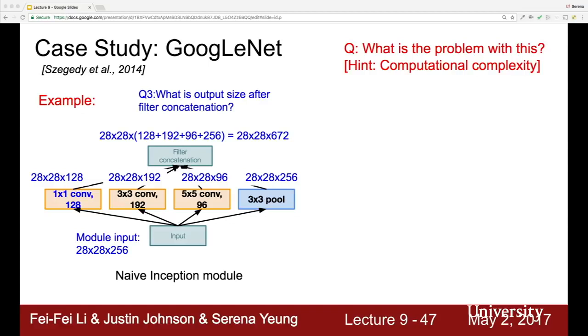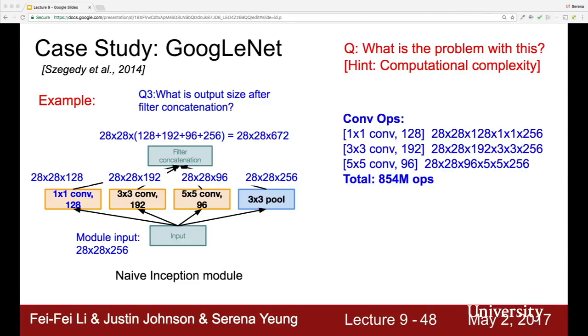So we slide it over spatially, and we get a feature map out that's 28 by 28 by 1. There's one number at each spatial location coming out. Each filter produces one of these 28 by 28 by 1 maps, and we have a total of 128 filters in here. And so that's going to produce 28 by 28 by 128.